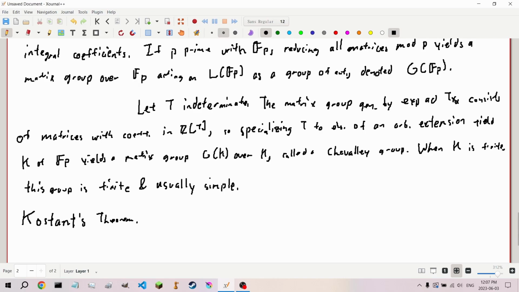For this, our setup, we fix a semisimple Lie algebra with Cartan subalgebra H, root system Phi with base Delta, and a Chevalley basis x alpha and h_i.